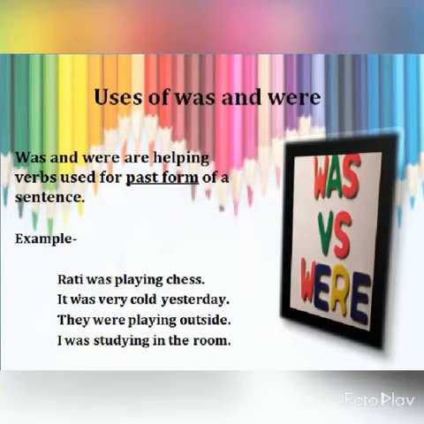Here we have, it was very cold yesterday. They were playing outside. I was studying in the room. Now, in all these sentences, it is clear that all these things have happened in the past. So, first important thing, always was and were are used in the past tense.